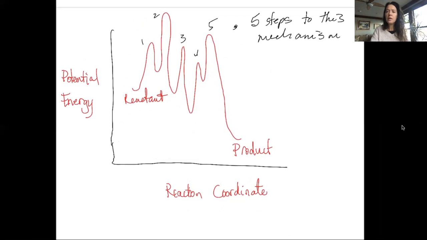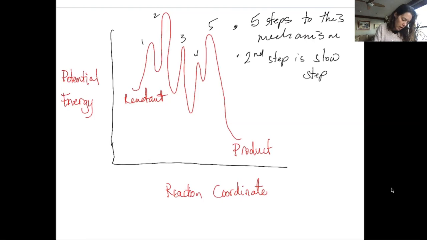We can infer that the second step is the slow step. Right? We could infer what about the overall enthalpy of the reaction? Delta H reaction is exothermic, right? Because the products have less energy than the reactants.